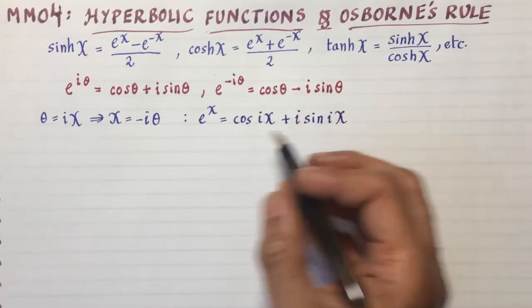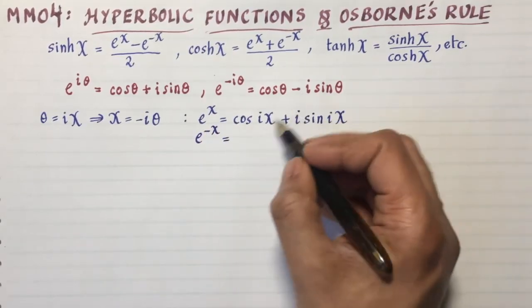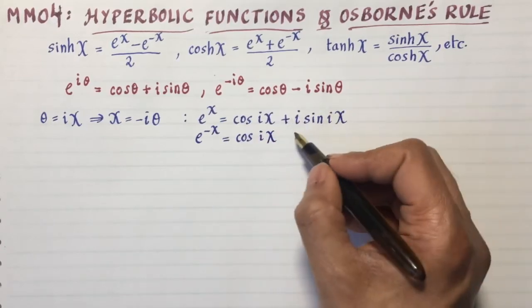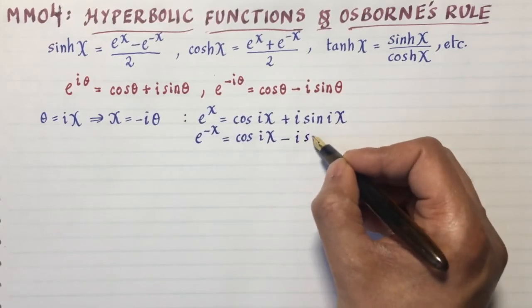In the second formula, I'll end up getting e to the minus chi is equal to cosine i chi, because theta is equal to i chi, recall, minus i times sine i chi.